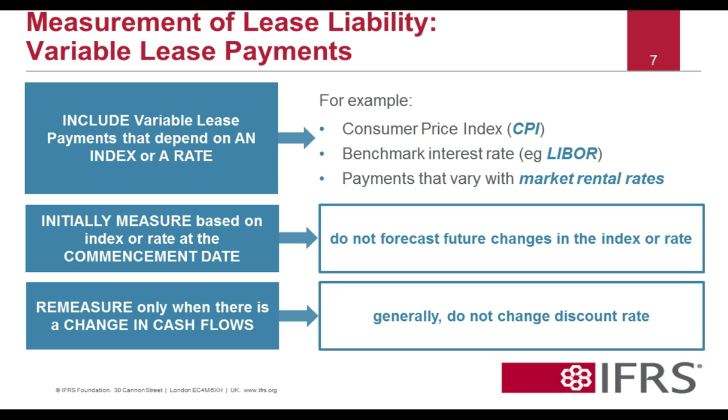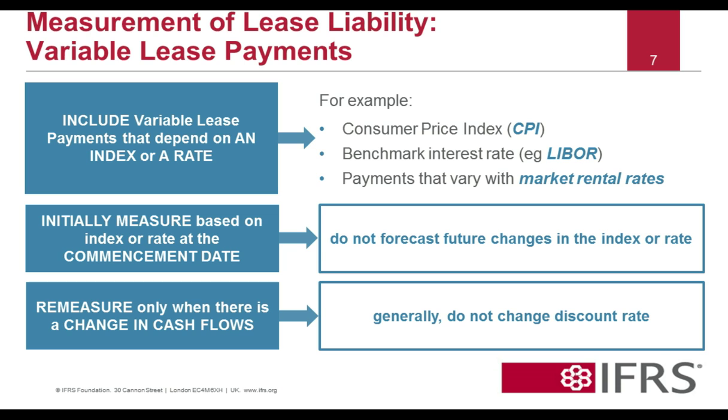This would include, for example, payments that are linked to CPI, benchmark interest rates such as LIBOR, or payments that vary to reflect market rental rates. Other variable lease payments are excluded, provided that they contain genuine variability. That's something we'll talk about in more detail in the next slide.